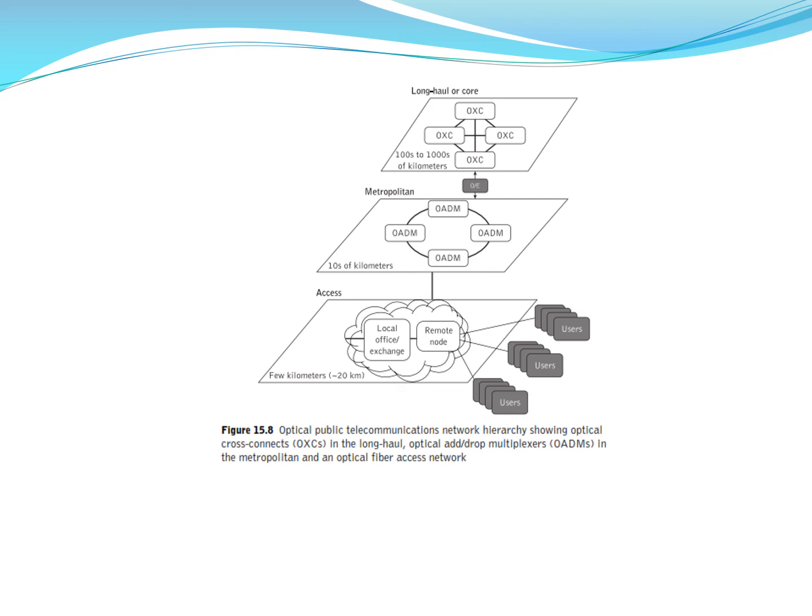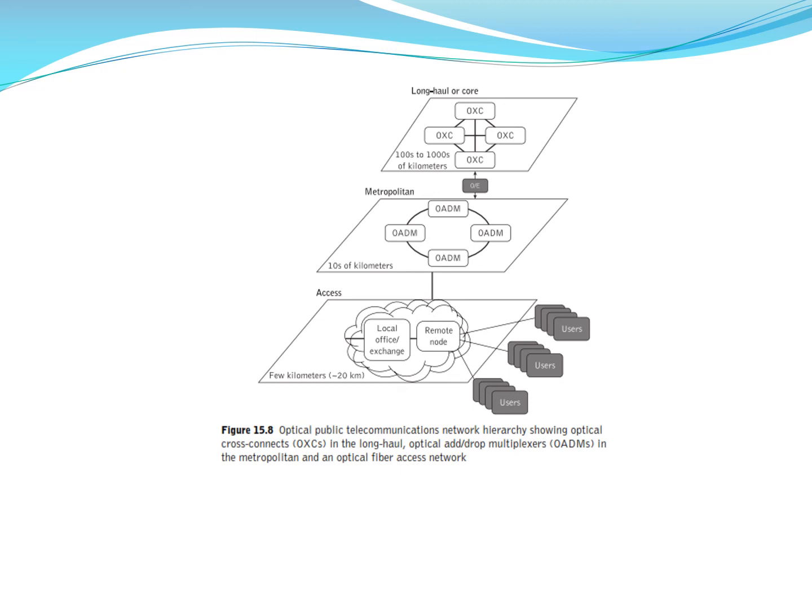All the optical cross connect switches are interconnected within this radius of 100 or 1000 kilometers. Then we have the metropolitan area network, where we use optical add drop multiplexers, and the area covered by these metropolitan networks is tens of kilometers.